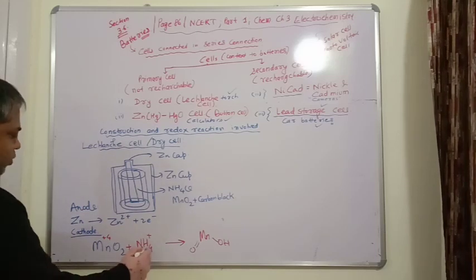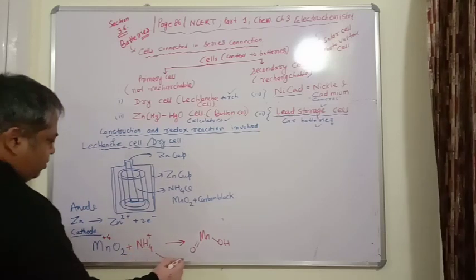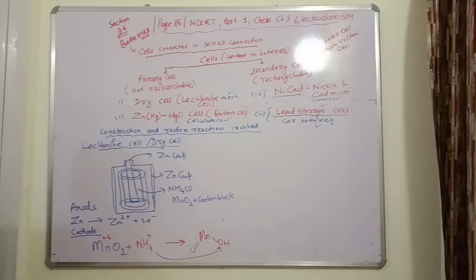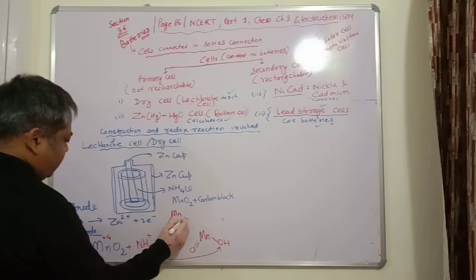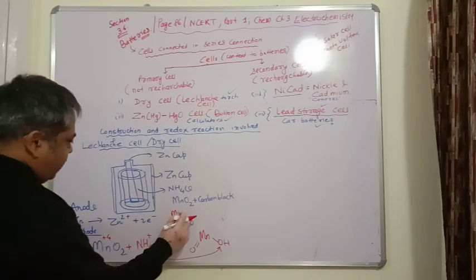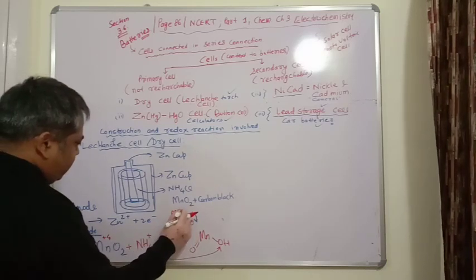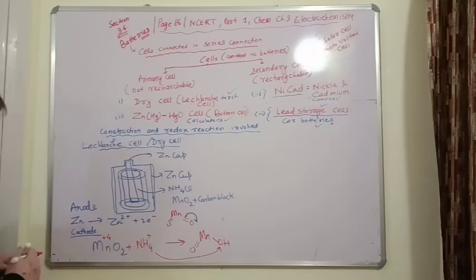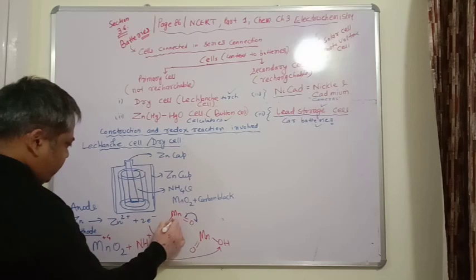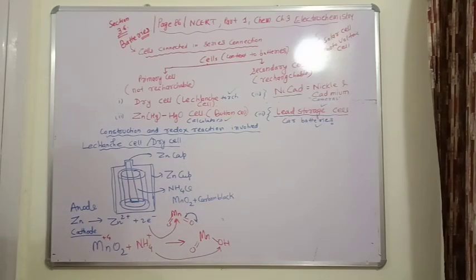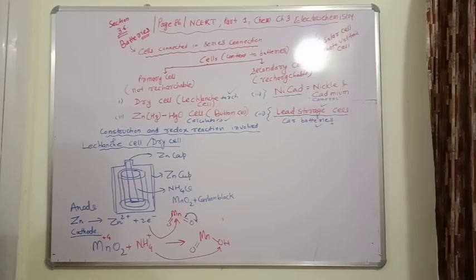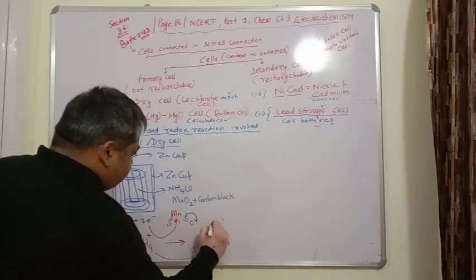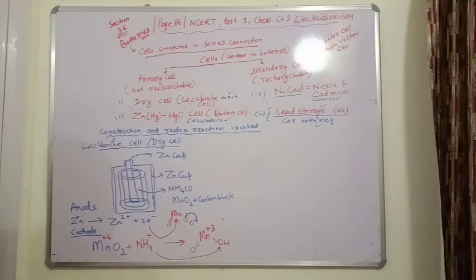How is it formed? 1 H+ goes to 1 oxygen, and earlier MnO2 was like this. This whole electron goes here. Now Mn becomes devoid of electron, and this electron goes over here. As a result, it gets reduced to form Mn3+. This forms the Mn3+ oxidation state.